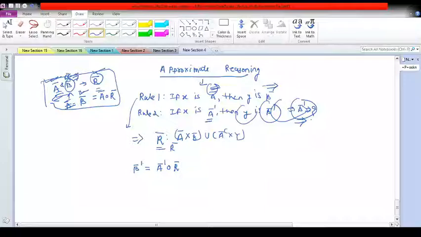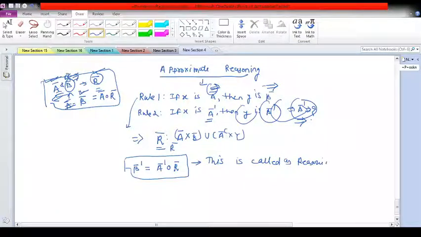Whatever we have done, this is called reasoning. Why it is approximate and all that, we will come to know. So this is basically reasoning. What is that reasoning?